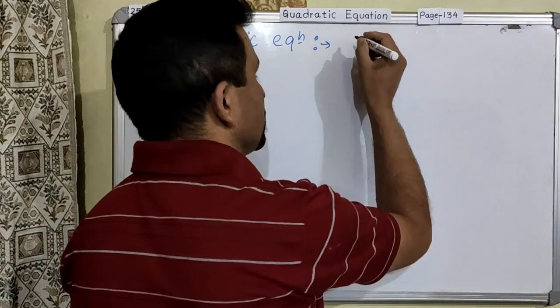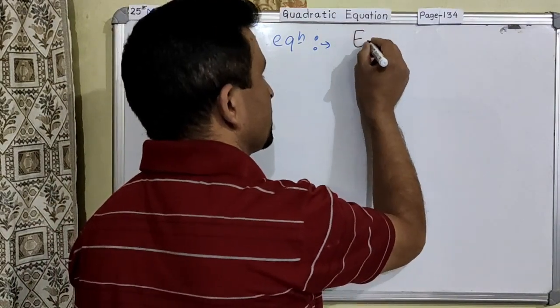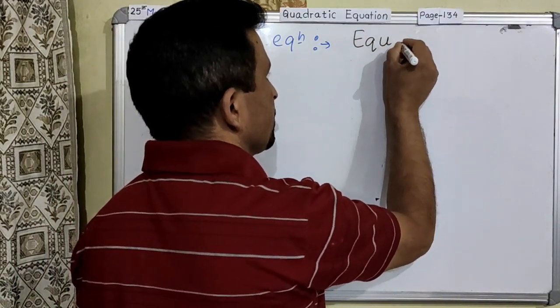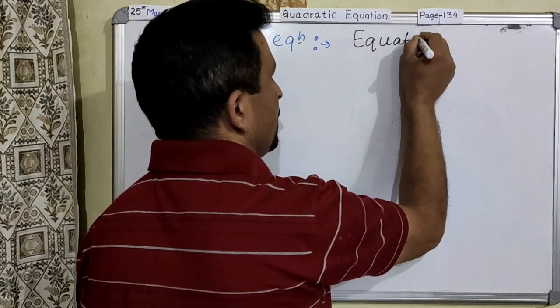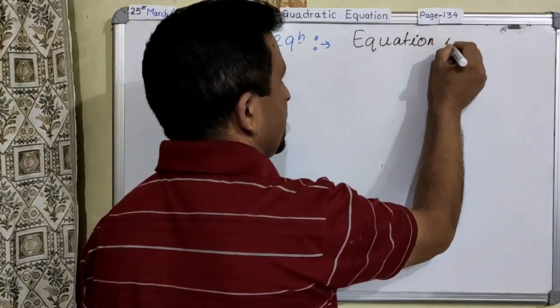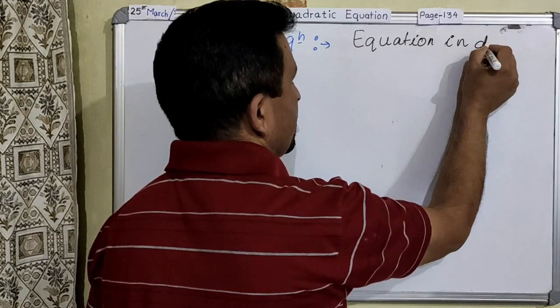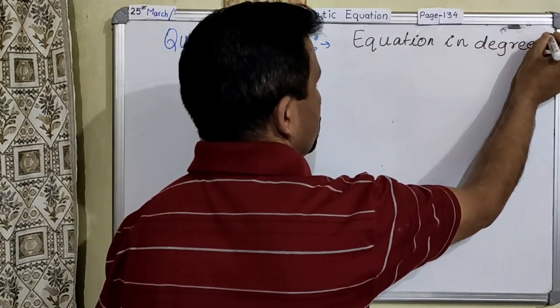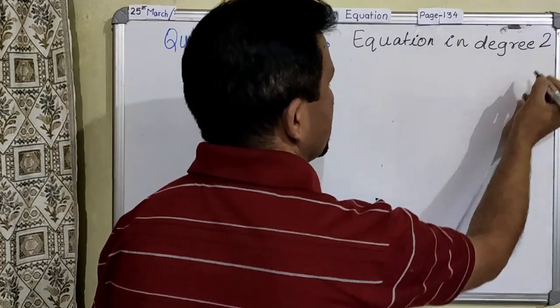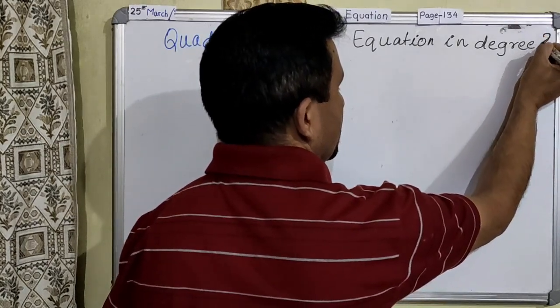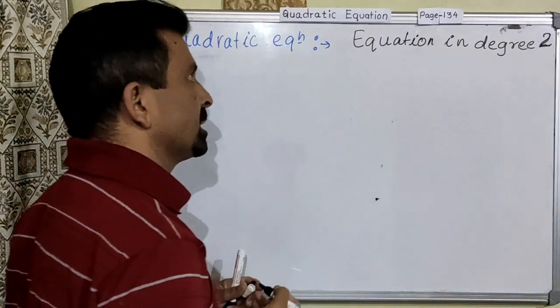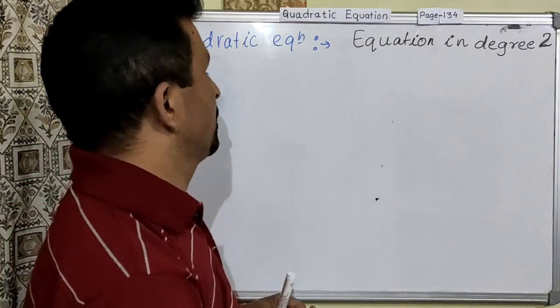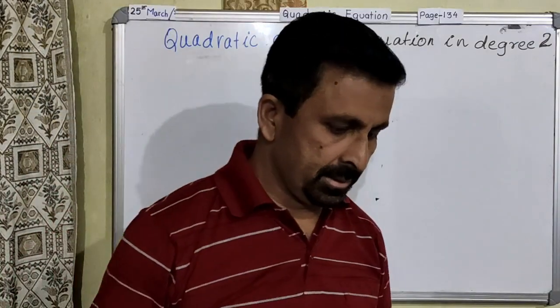Equation in degree 2 is called a quadratic equation. This is the basic definition of quadratic equation.